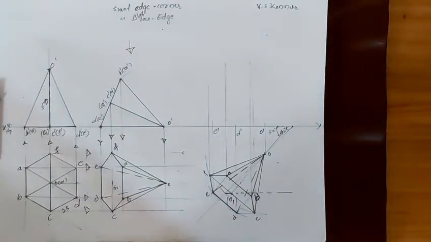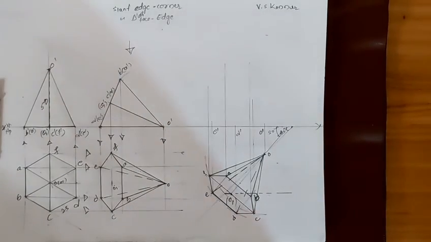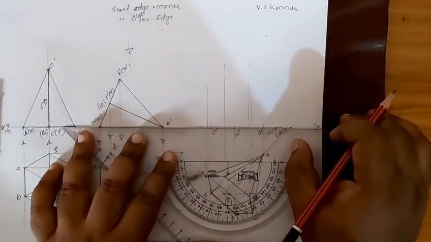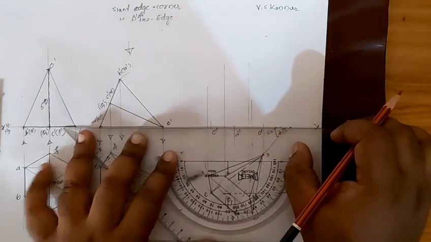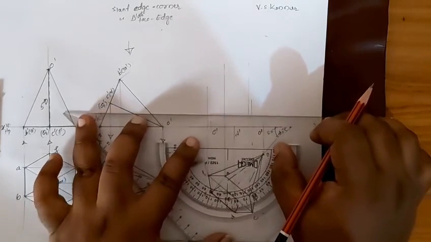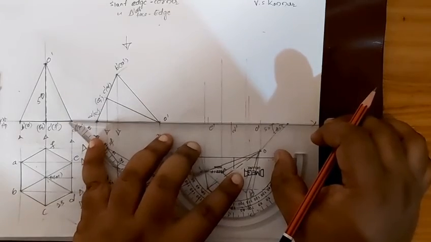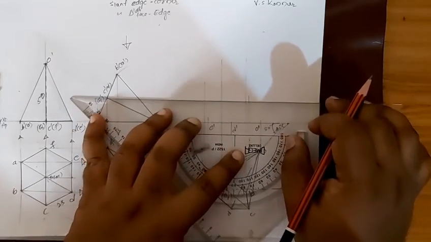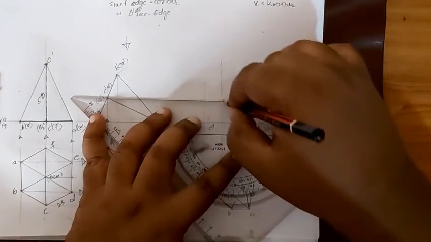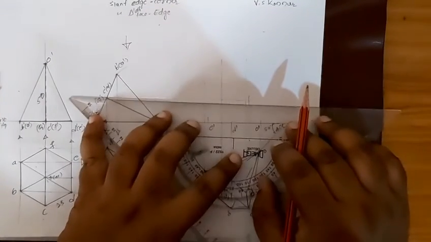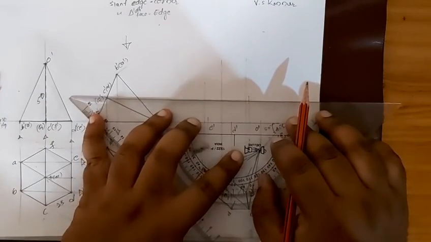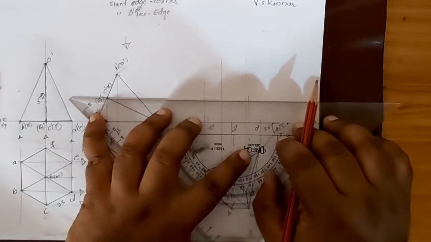On the XY line we will get, and we will draw horizontal projectors parallel to the XY line. And then parallel to this line we'll get the B A points.